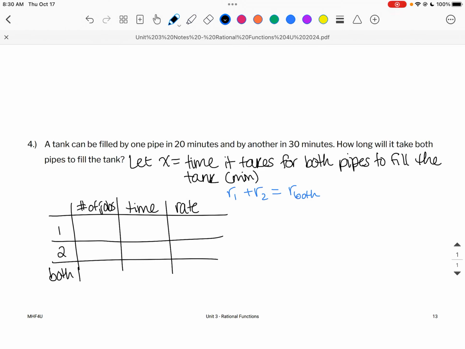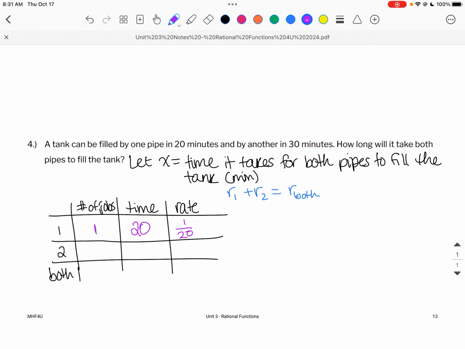So we've done most of the tricky part. However, the one other thing that you need to be careful of is we're talking about how many tanks each pipe can fill. The first pipe can fill up 1 tank in 20 minutes. So that means that their rate is 1/20th of a tank per minute.